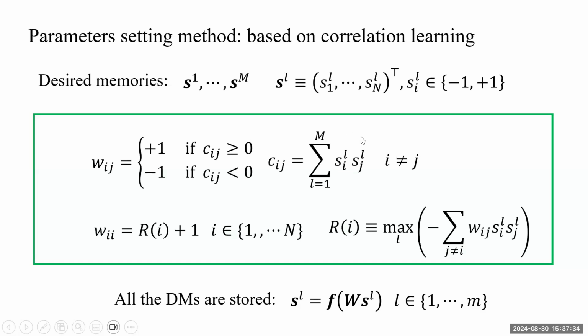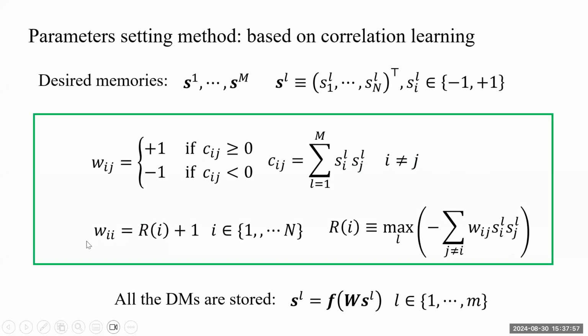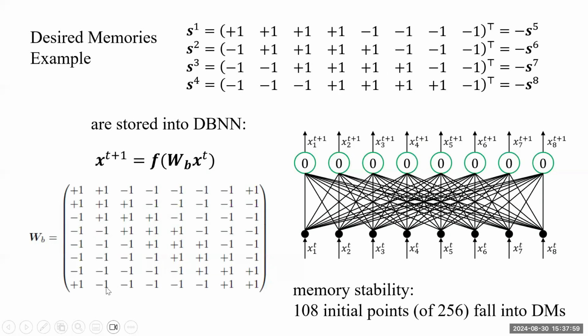Anyway, Hebbian learning, binarization. In this case, the connection matrix is full binary. This is an example. If we prepare these four desired memories, 8-dimensional binary vectors, and apply the parameter setting method, we obtain this 8-dimensional connection matrix, full binary.